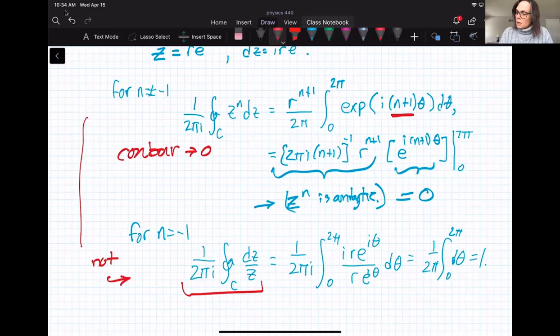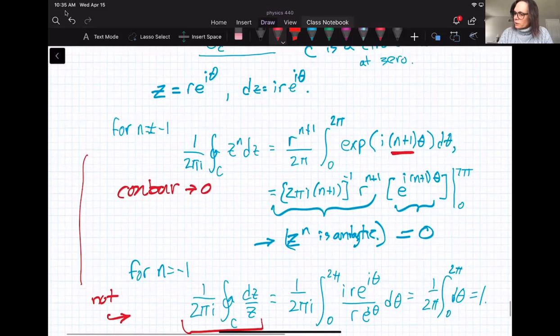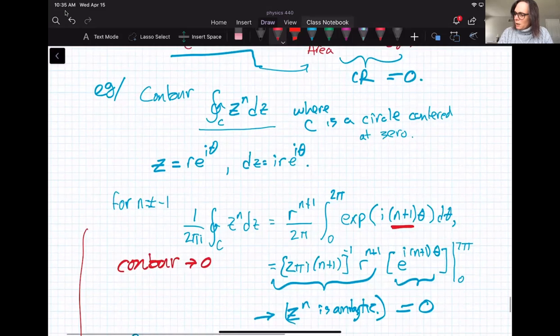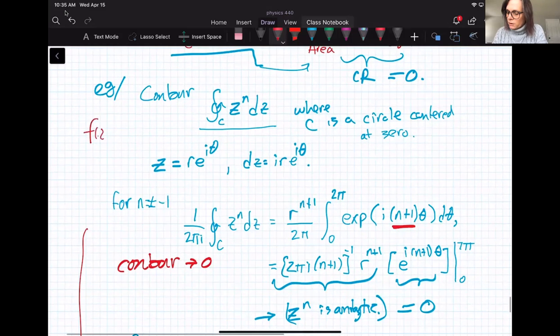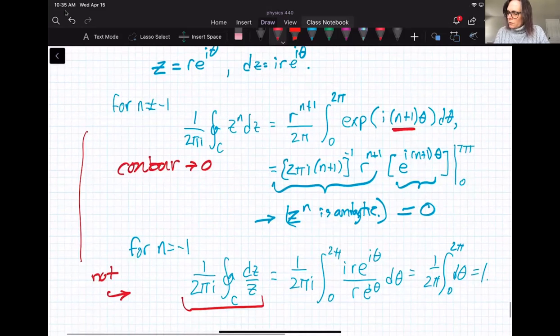So for n not equal to -1, if you think about the original problem up here, we knew from the first example that f of z equals 1 over z is not analytic. So this is a demonstration for n not equal to -1, in essence, that z to the n is analytic on this region. So we just separated out that special case. Okay.